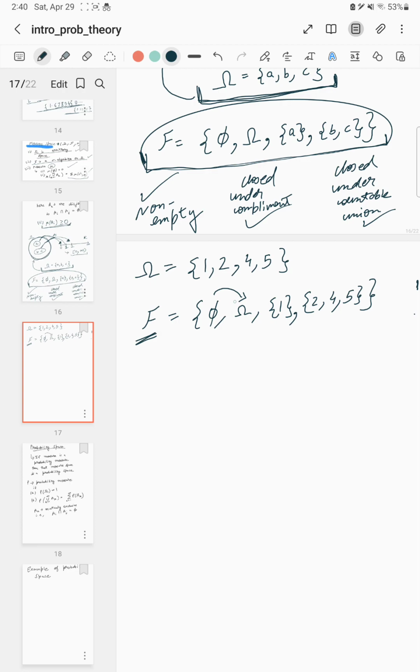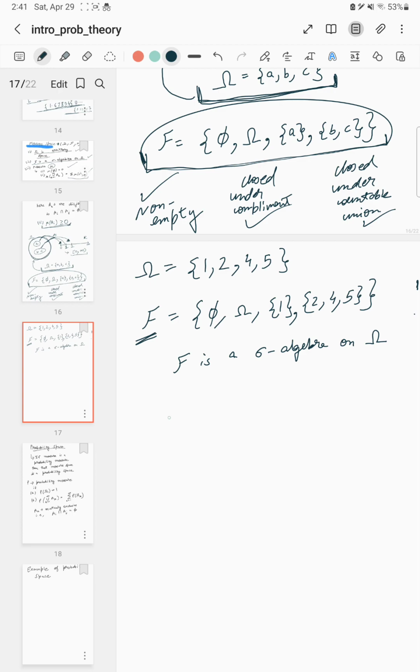So each of its individual elemental sets has a complement present in F. Okay, so the complement of this is this, the complement of {2, 4, 5} is {1}, both of them are present in F, so it is closed under complement, and it is also closed under countable union. Take the countable union of any of these sets with each other, it would also be present in F. So F is a sigma algebra on the space omega.